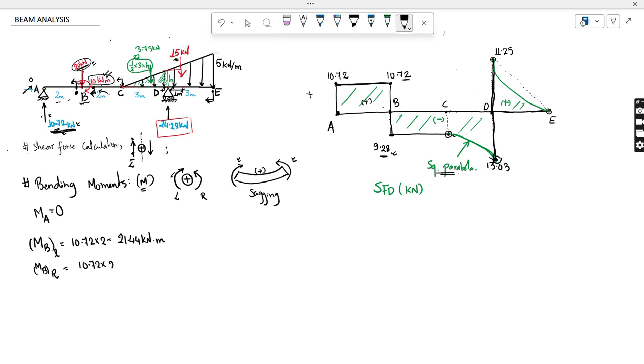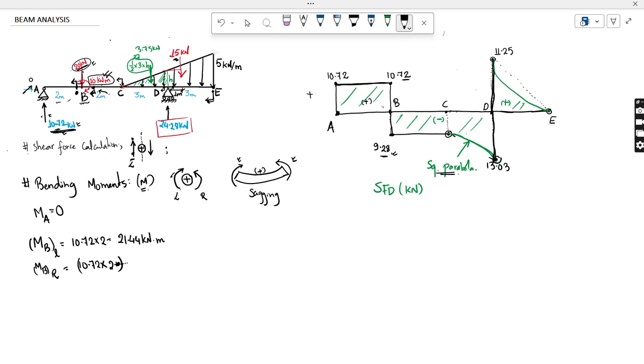You don't have to increase this 2 by any other distance because I am only just to the right of B. I am not that far from B, only a little bit away. So you don't have to consider this distance. Just write 10.72 into 2.